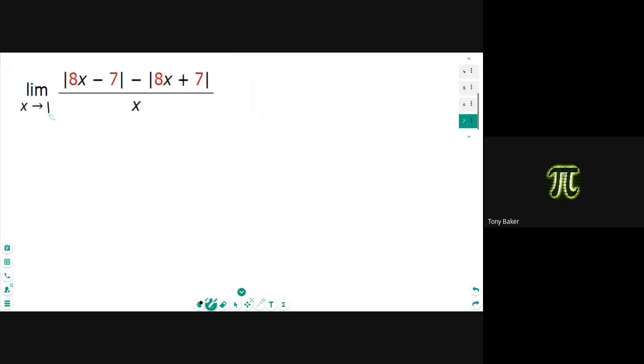All right, so if I did it to 1, I don't know if it's going to come out to be an actual value. That's the question I have. All right. So the question is when does 8x minus 7, when is it less than 0? So if I was to solve this, 8x is less than 7, so x is less than 7/8.